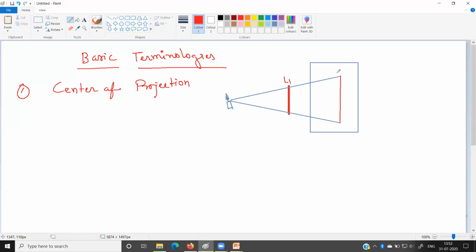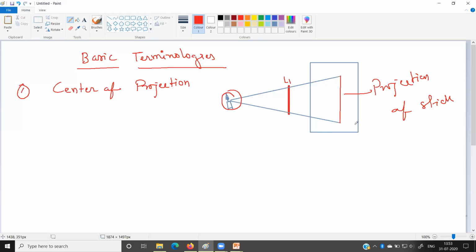Now if you place a curtain over here, then the image of this stick will be formed over there. So this is our projection of the stick.